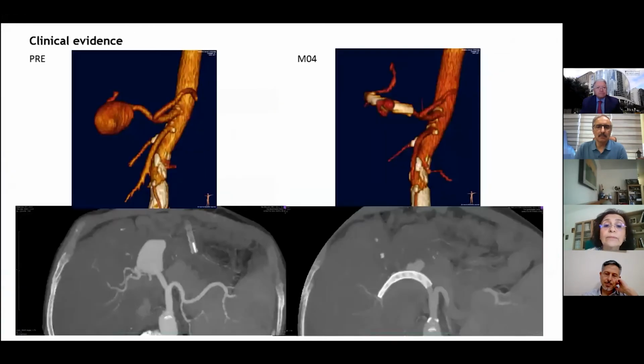And this is the celiac trunk. At 4 months, the aneurysm begins to exclude.